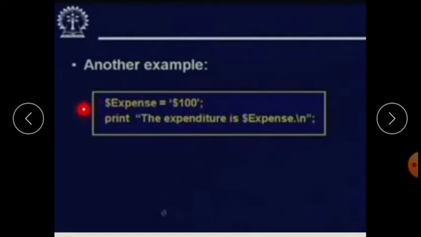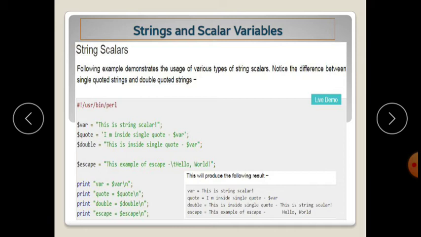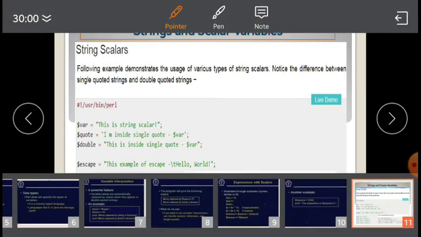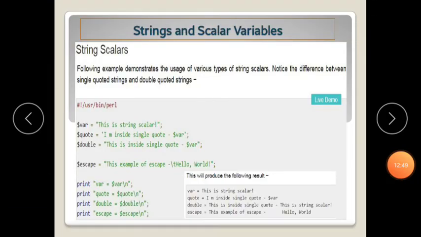In the first statement, $expense and $100 both have the dollar sign, so the interpreter distinguishes between these two dollar variables by using single quotes. So we write $100 in single quotes. The next topic is string scalars, as we studied earlier, and in this program we can see the string and scalar variables.